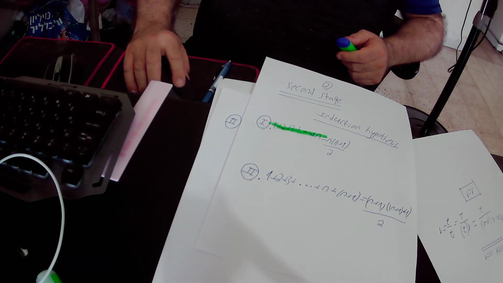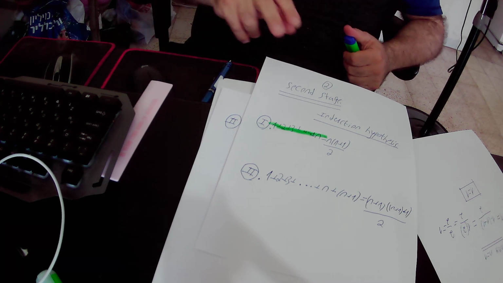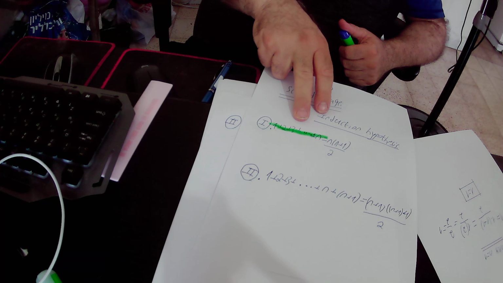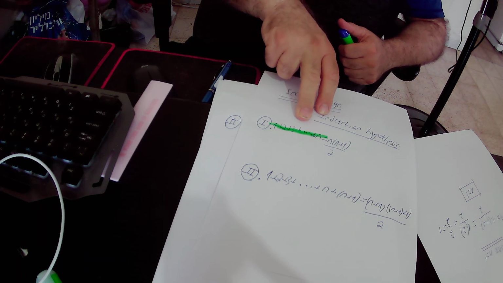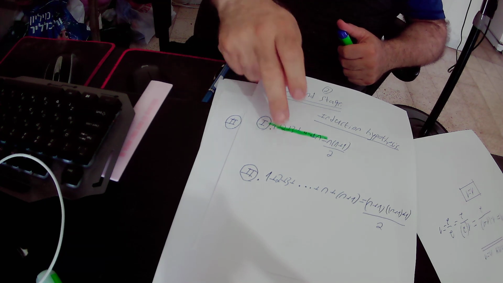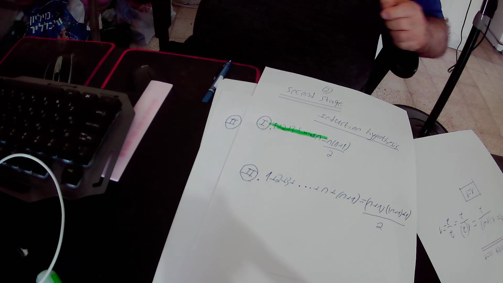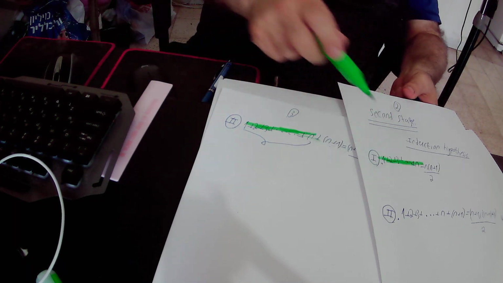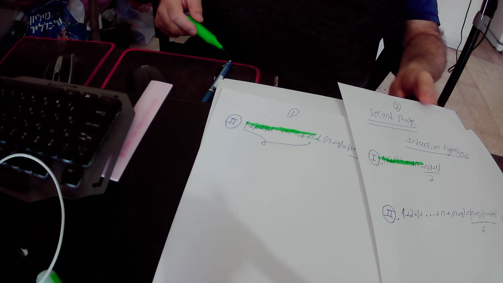And as you can see, this expression in the green color equals n times n plus 1 divided by 2. And actually this expression equals this expression. They are identical.